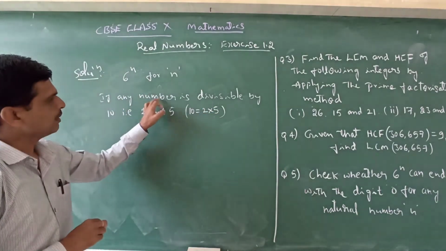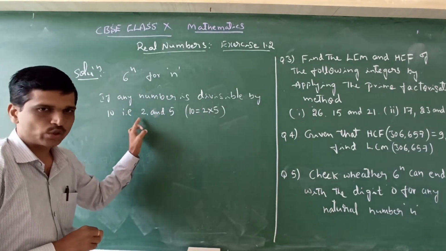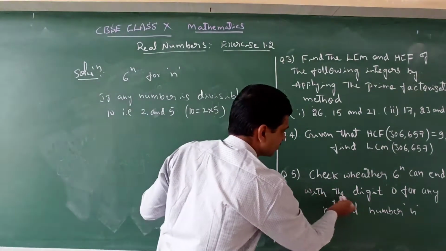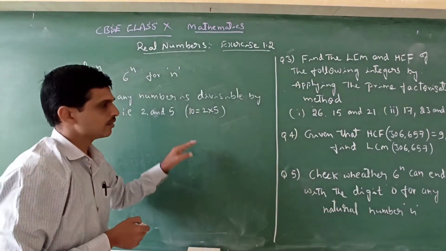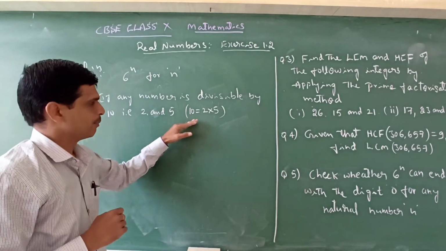So if a natural number is divisible by 10 or its factors like 2 and 5, then its last digit becomes 0. This condition applies because of the fundamental theorem of arithmetic.